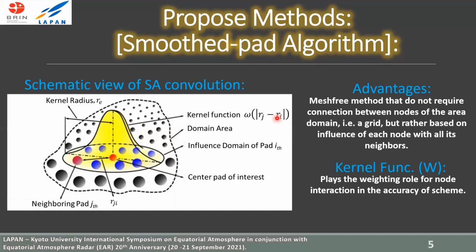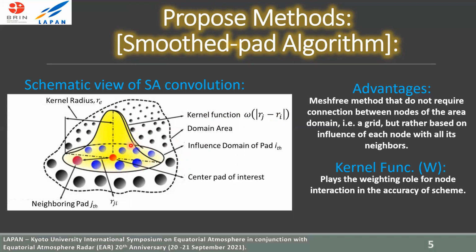Basically, the algorithm itself is shown in the left figure here. This is the schematic view of our algorithm. For example, we select some positions of interest, shown in the blue circle.